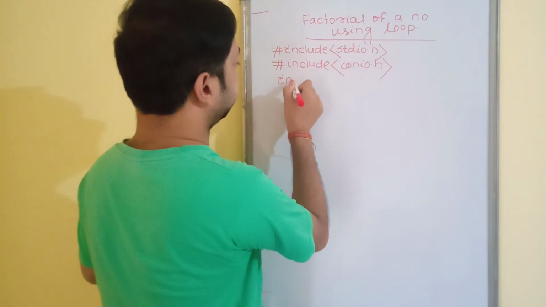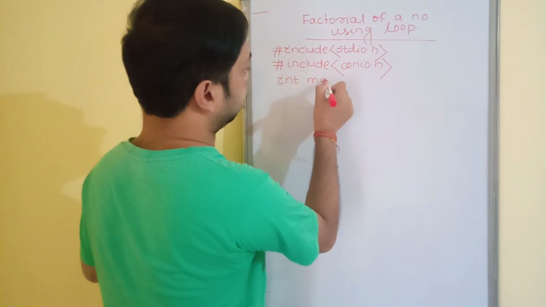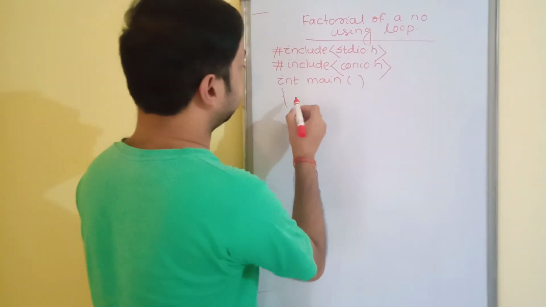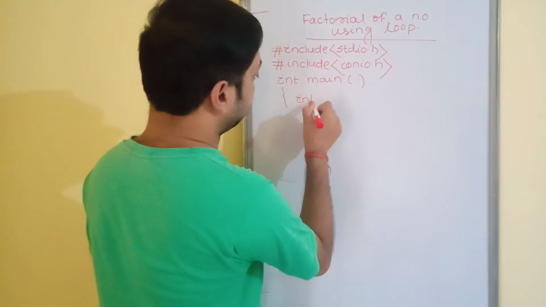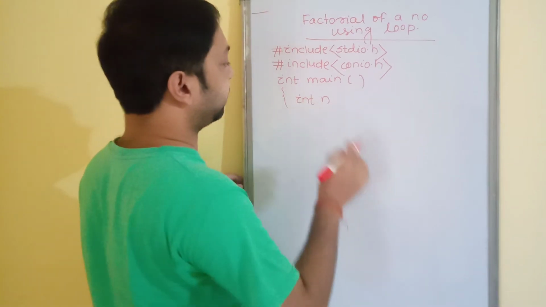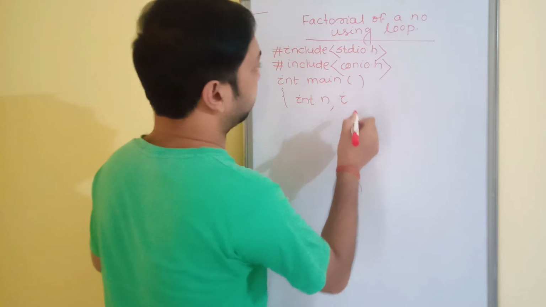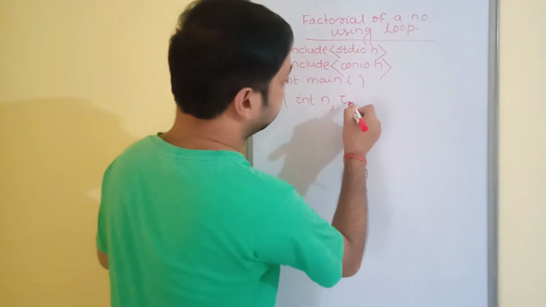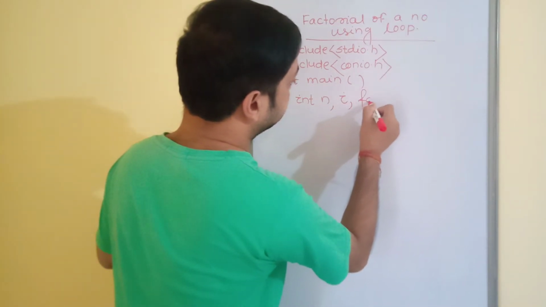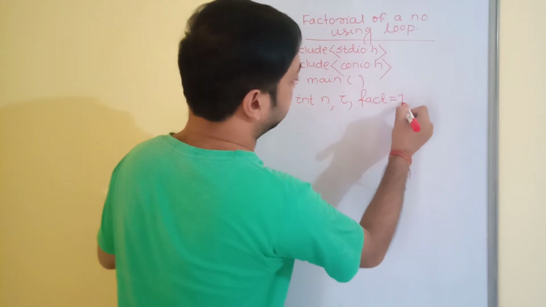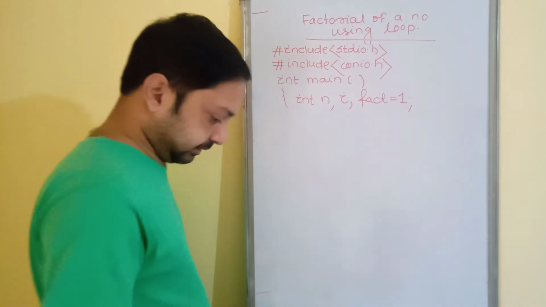Then I am going to int main. Then I am going to the declaration part. So what do I need to declare? First I need to declare a number whose factorial is to be calculated. Then I need to declare a loop variable, by using which you can make repetition. Then I need to use the factorial variable, which is initialized to 1 initially.